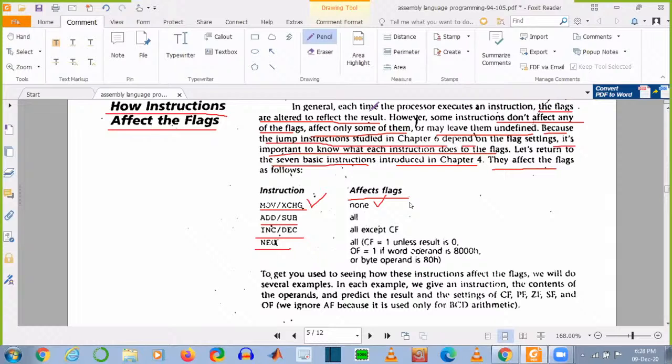Any idea? Why is no one talking? Yes, say what you mean by not affected by. What is the meaning of not affected by?